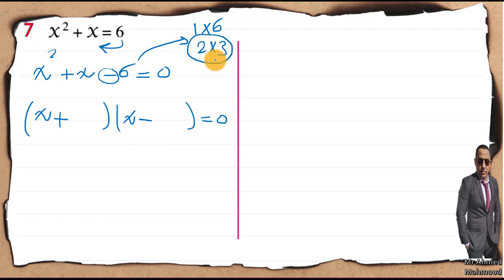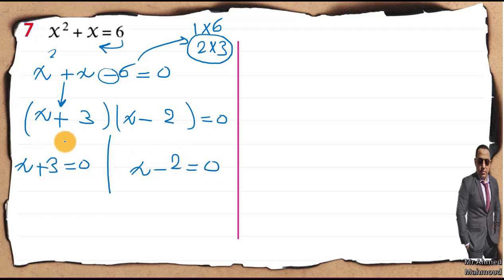Don't forget, when you have two different signs, you write the bigger one with the middle sign. Again, the bigger one with the middle sign. The middle sign is positive, so the bigger factor here, I'm going to write 3, and here I'm going to write 2. After that I'm going to continue by separating the two brackets. x plus 3 equal 0, and x minus 2 equal 0.